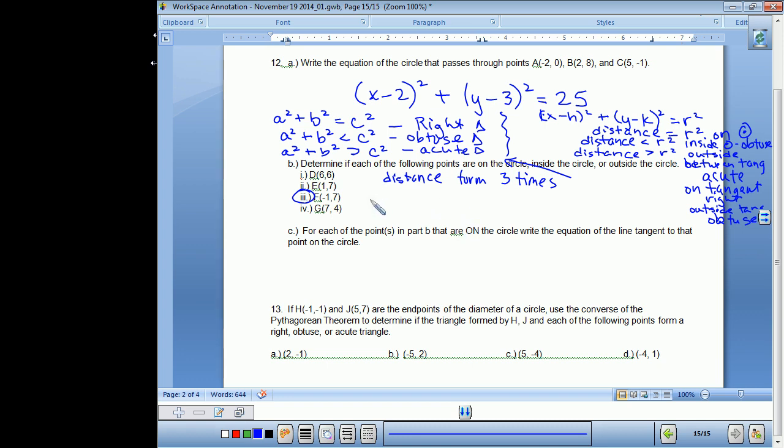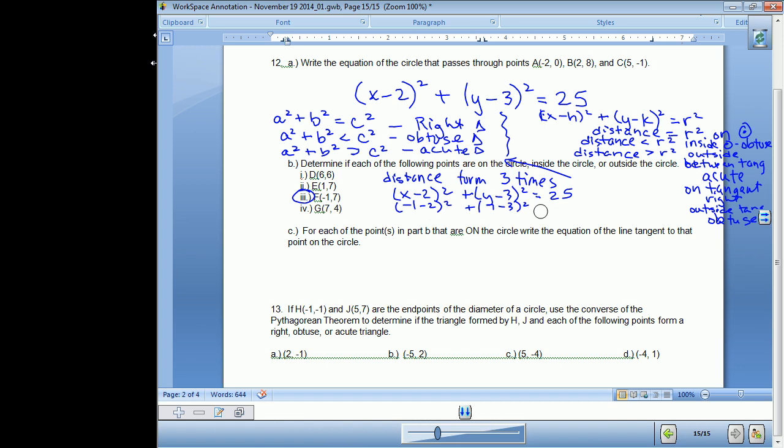Okay, so on this one, if we just want to know if it's inside, outside, or on, won't this part work? Just that part. So we would take x minus 2 squared plus y minus 3 squared equals 25 and plug in a point. You picked 3, so if I plug in -1 and 7, it may not equal 25.